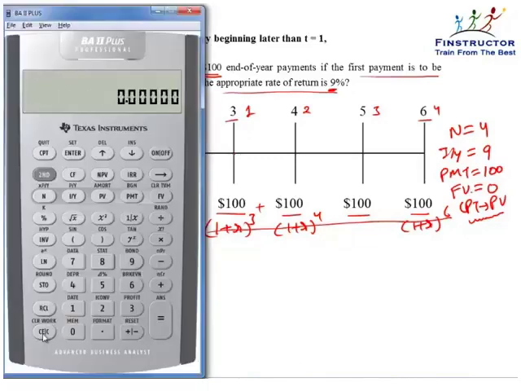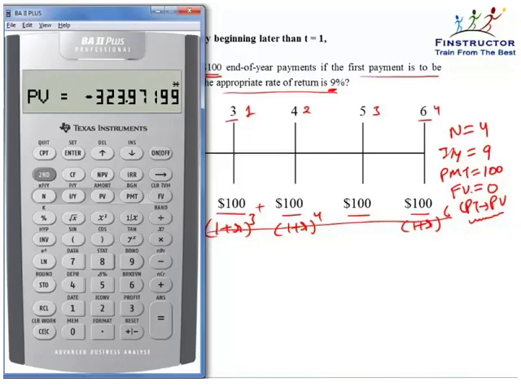So let's clear out the calculator. Enter 4 and press N, 9 and I by Y. Ignore PV, press 100 and press PMT, press the button 0 and press FV and compute PV. So PV comes out to be minus 323.97, or the present value of these 4 cash flows is so much.